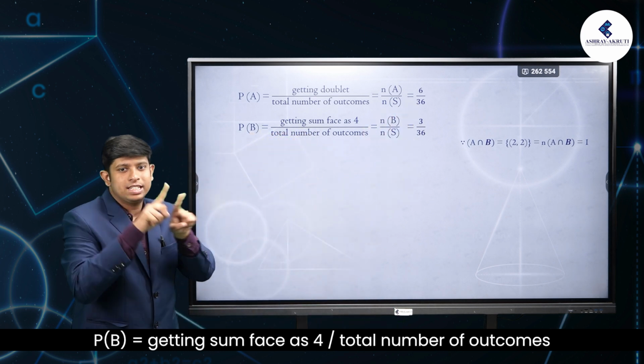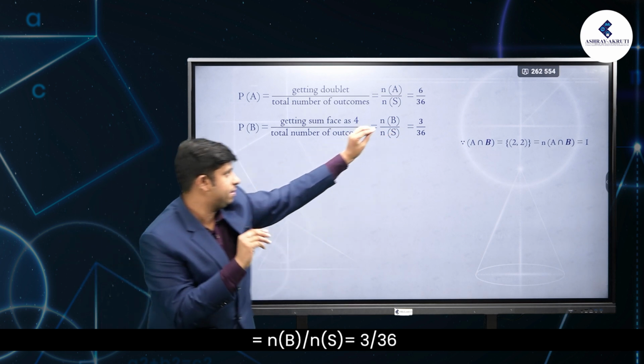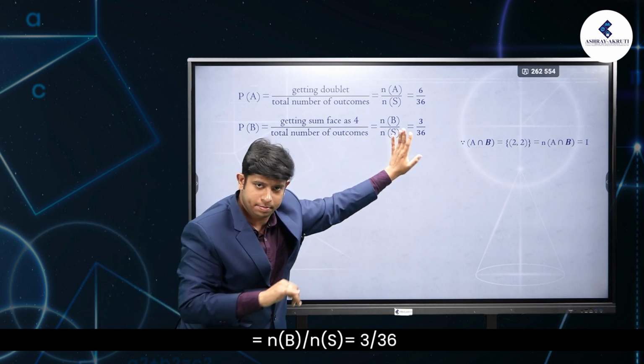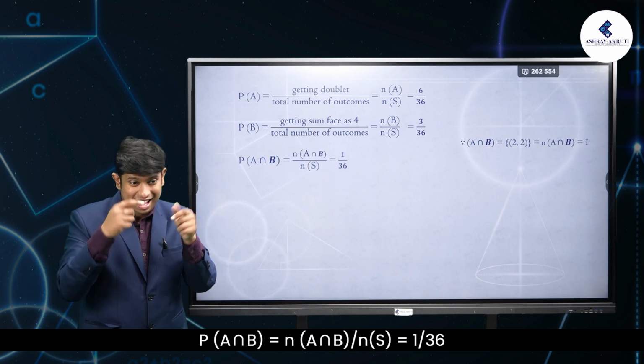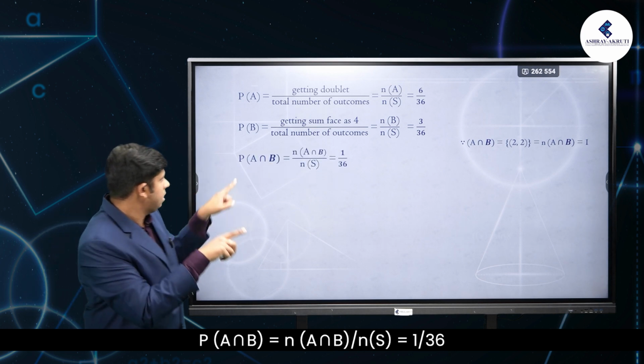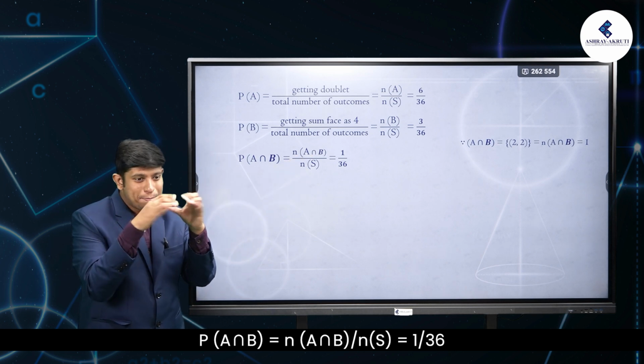P of B is equal to getting sum of faces as 4 by total number of outcomes, that is equal to N of B by N of S, that is equal to 3 by 36. P of A intersection B is equal to N of A intersection B by N of S, that is equal to 1 by 36.